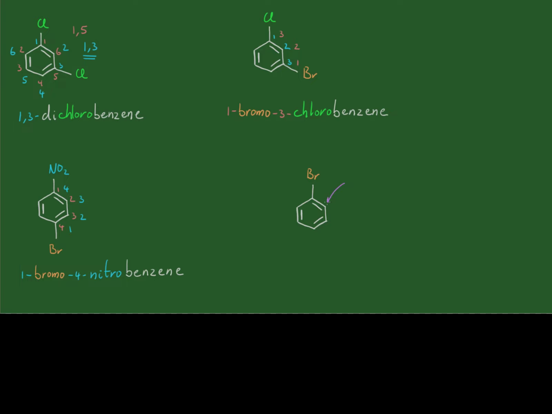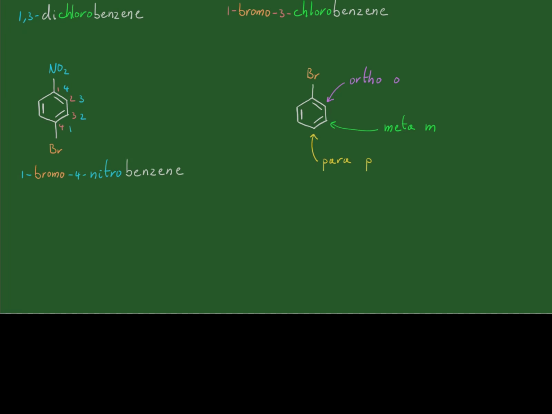This position here is known as the ortho position, shortened O. This position is known as the meta position, shortened M. And this position here is known as the para position, shortened with a P.